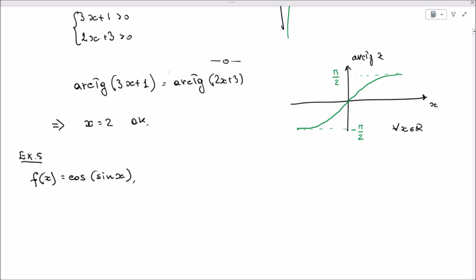Now, this compound function is clearly a periodic function because it is made of two periodic functions, and since both sine of x and cosine of x have a period 2 pi, we can say that certainly this function is periodic with a period 2 pi, even if we don't know that this is the minimum period. So this might not necessarily be the minimum period.